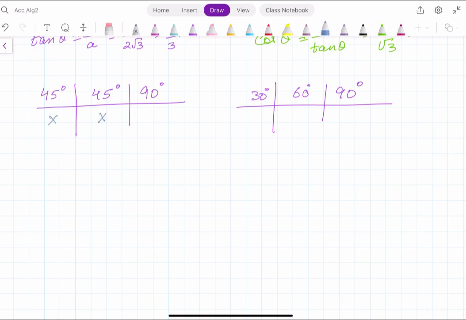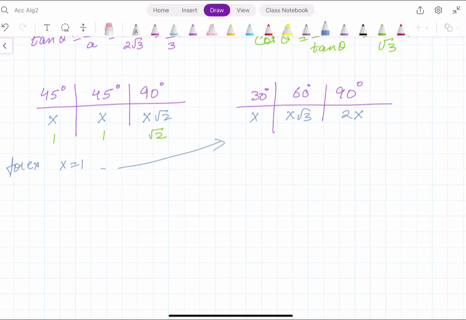The rule for 45, 45, 90 is x, x and x radical 2. For example, if I take x equal to 1, the side lengths will be 1, 1 and radical 2. And what is the rule for 30, 60, 90? It is x, x radical 3 and 2x.